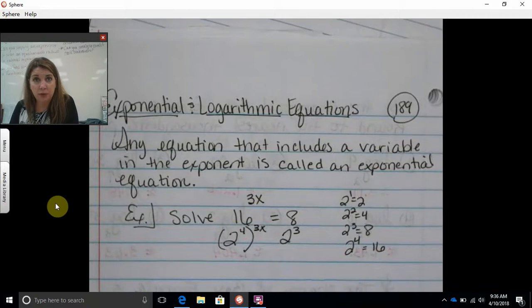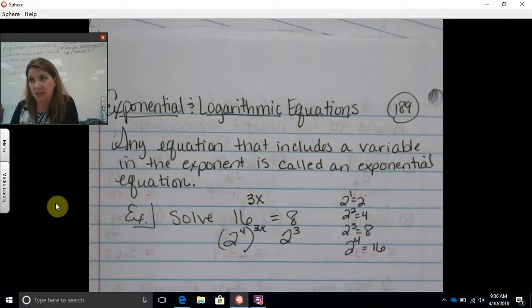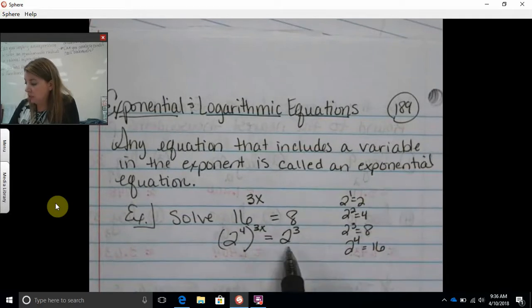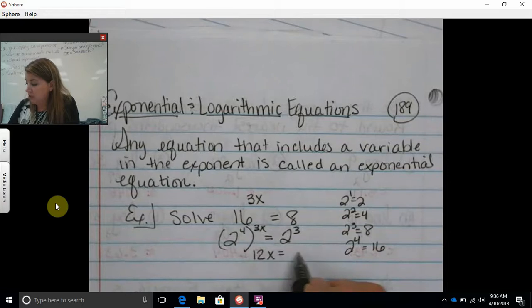So is x equal to 3? No, because if I substituted a 3 back in, 3 times 3 is 9, 16 to the 9th power is not 8, right? So we have to remember, when my exponent already had an exponent, when you go to set these two equal to each other, a power to a power, you multiply those together. So 4 times 3x gives me 12x, and you set 12x equal to 3.